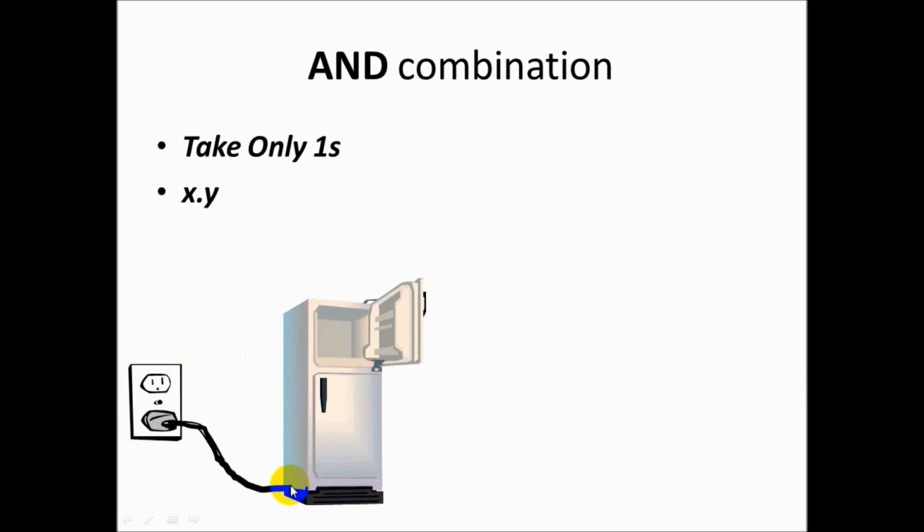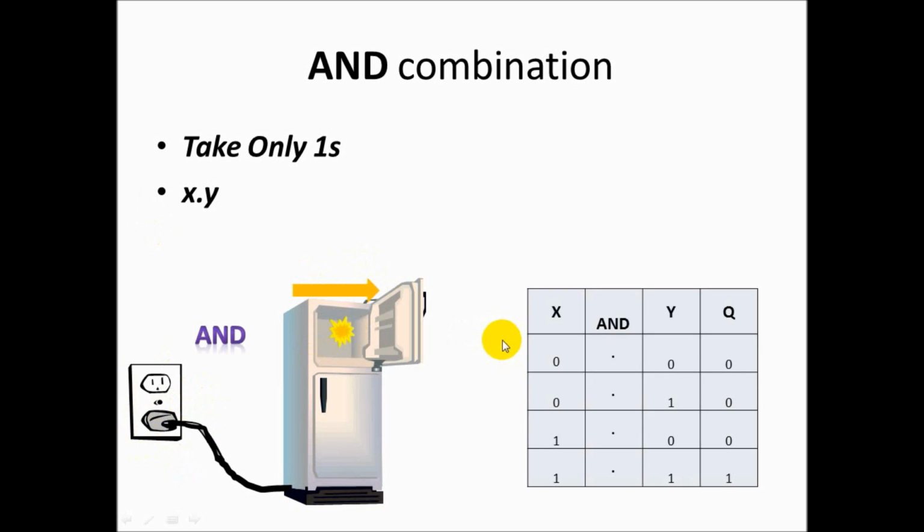So that's one variable input. And the door being open, so that's actually closing the gate at that point. The combination of X, our plug, our supply, and Y, the door being open, means that the light comes on.